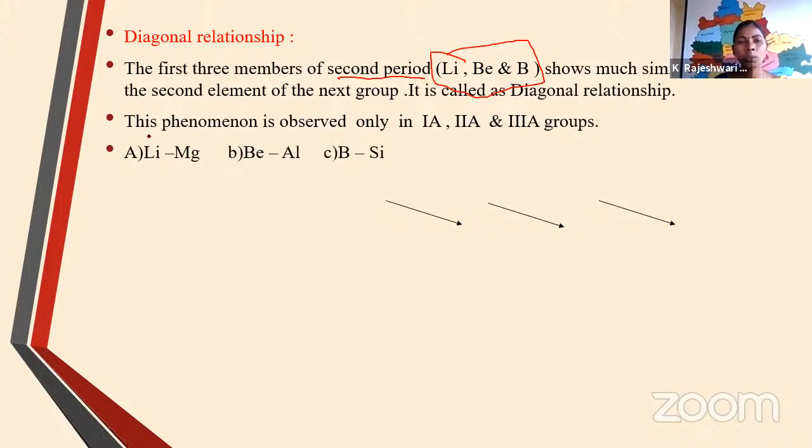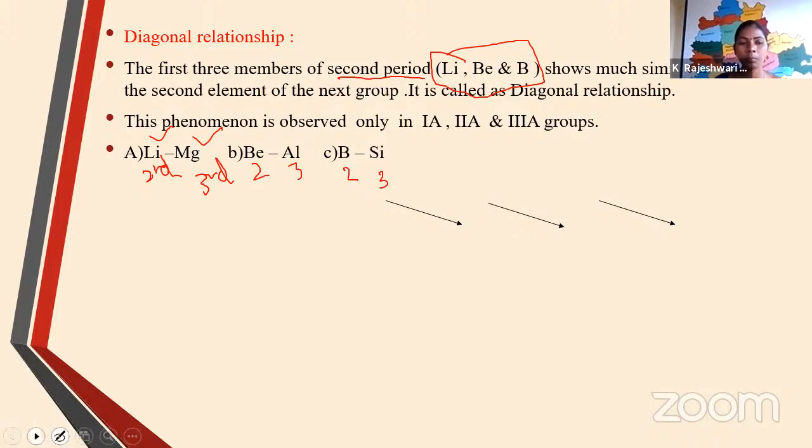Lithium will show similarity with magnesium. Lithium is second period and magnesium is third period, second element. Second period and third period elements show diagonal relationship.